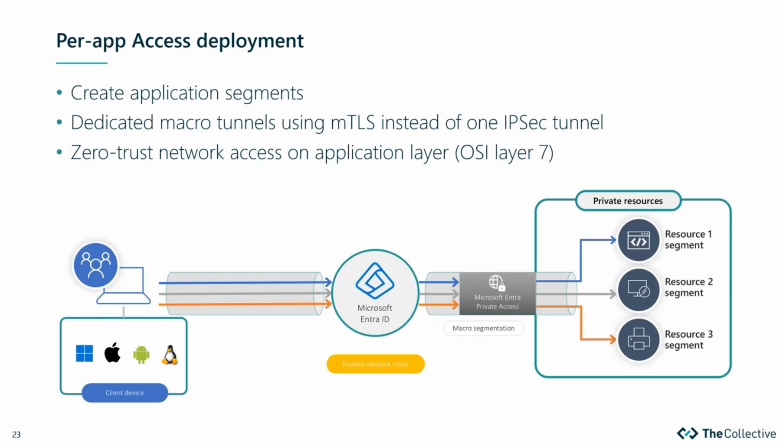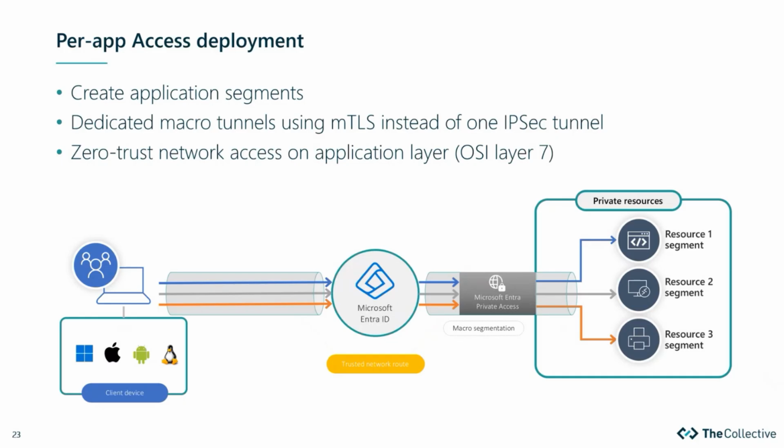Interesting to mention here is that instead of building an IPsec tunnel like most traditional VPN clients do, private access is using MTLS, which means that we create a tunnel for each session that is being created. So there is no active tunnel that is always open for the whole time that the VPN is connected, but instead, private access or the Global Secure Access client on the devices is there in the background.